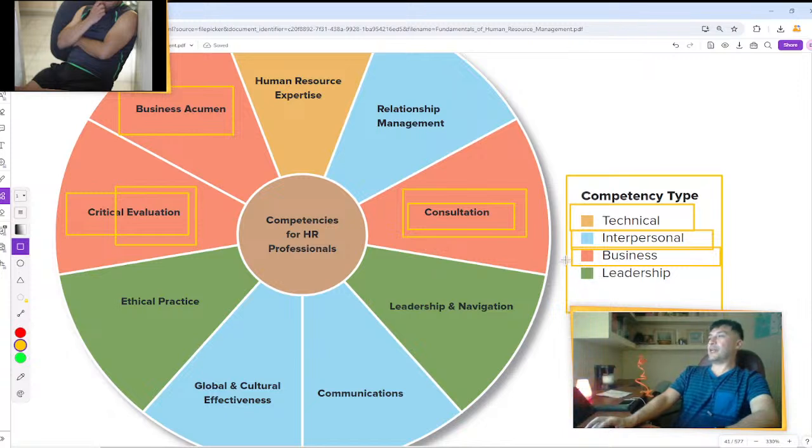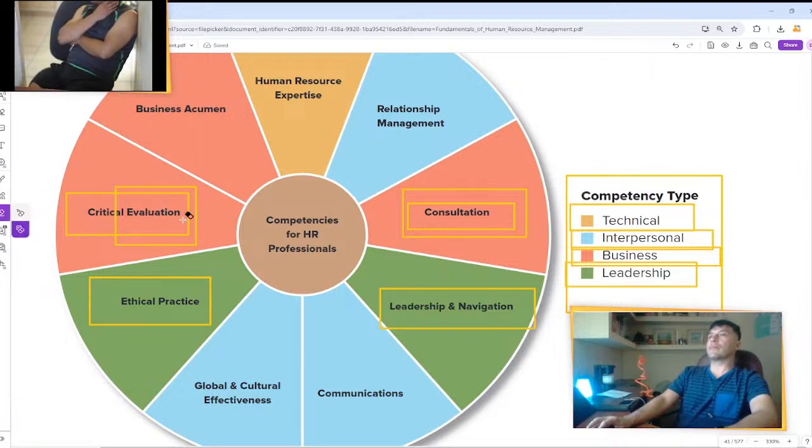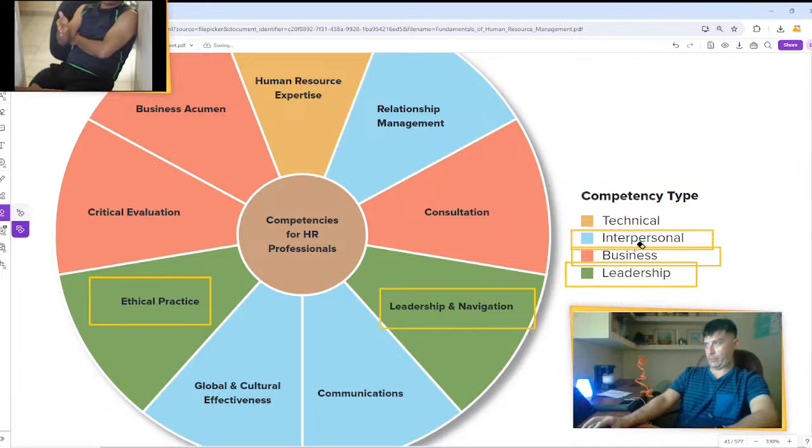And the green ones are leadership. Ethical practice, leadership and navigation. What does that mean, ethical practice? To be a person with integrity.